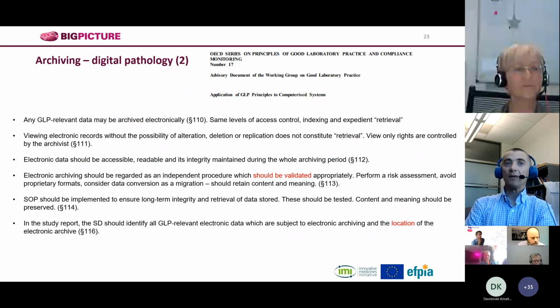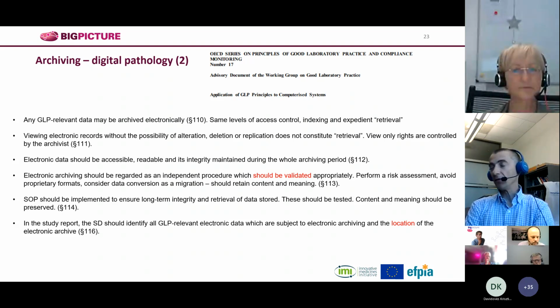There's also a strong emphasis on the notion of data integrity. So we don't want this archive to be amenable to alteration, deletion, or replication. But there's a distinction that's been made about the access to the data.